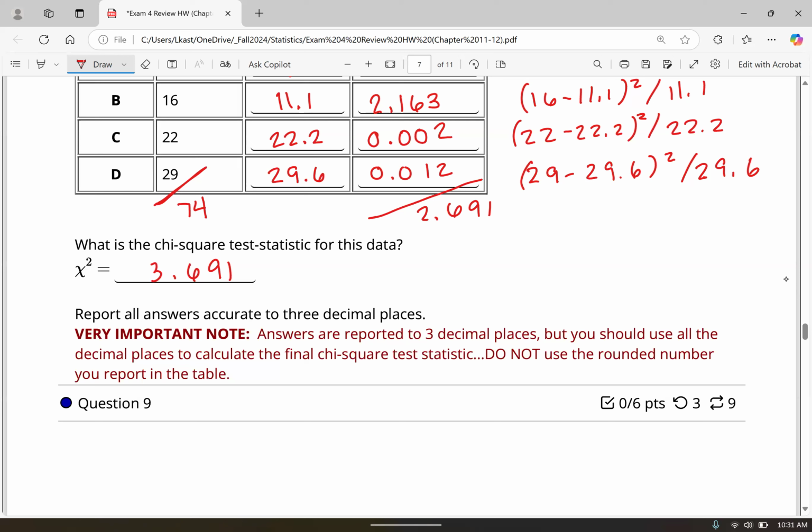You know what I have written down on my piece of paper? 3.691. The reason I thought it was a 2 is, number 1, my handwriting's bad, and number 2, I don't have my glasses on. Oy vey. Let's fix that. Thank you. What would I do without you guys? I'd fail this test, I think.